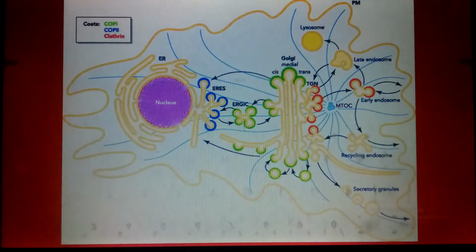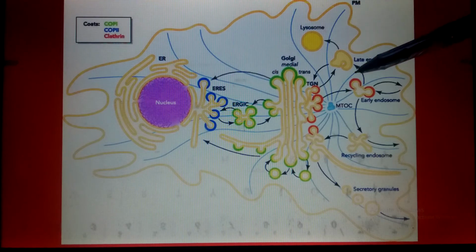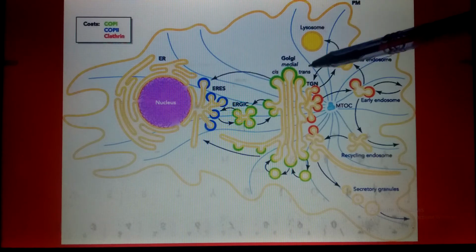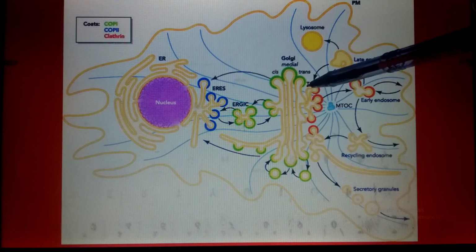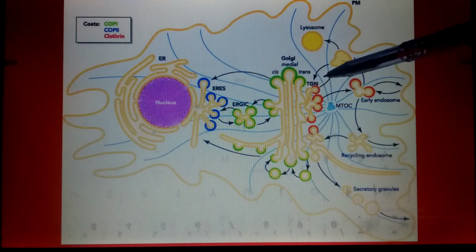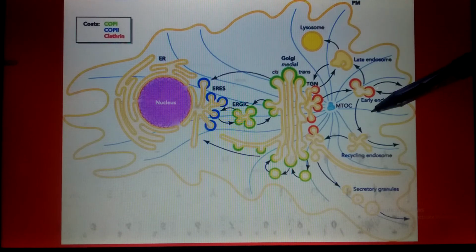Okay. Now I'm showing you here COP1 and COP2 proteins. You can see here the coated protein, the vesicles. You can see here clearly the blue color, and others are represented by the green color. And you can also see here the clathrin, which I am not discussing here.